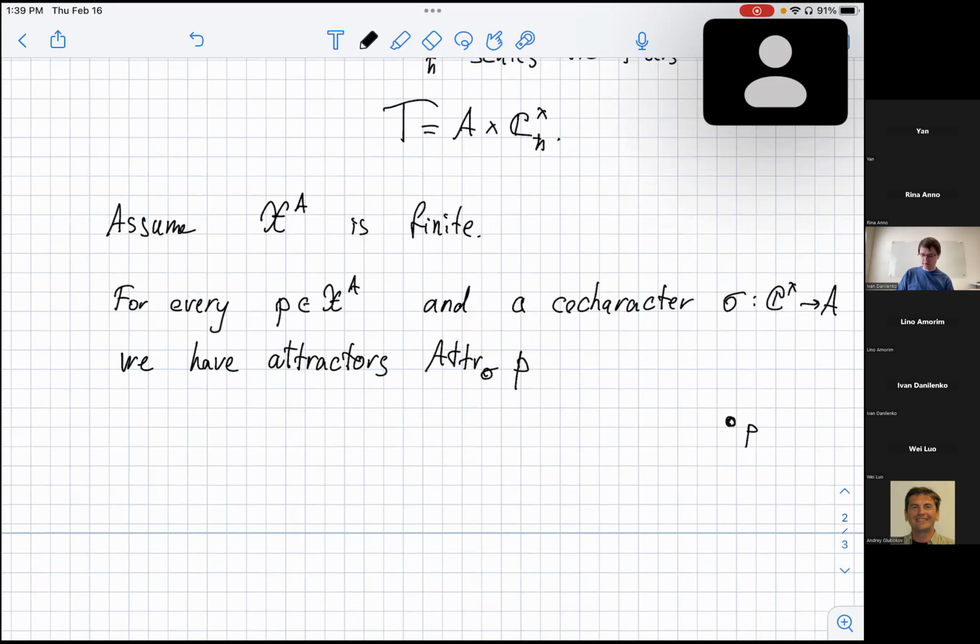So I have my fixed point and something is attracted to it.